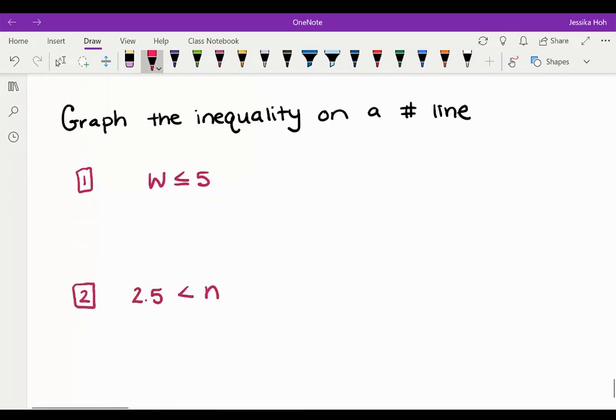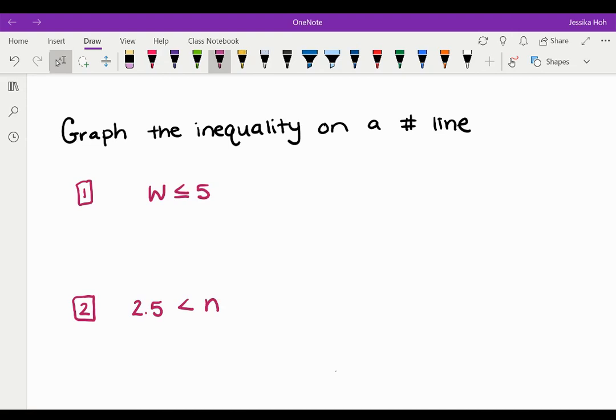All right, graph the inequality on a number line. Once again, when you're graphing inequalities on a number line, you only need to include 3 numbers. You can include more if you like, but we're going to put 5 in the center, and then 1 above and 1 below.